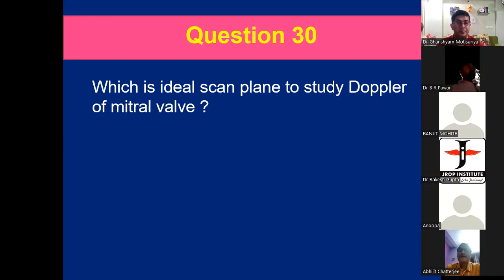Remember only 2 velocities: mitral and aortic. Mitral is 1.3, aortic is 1.7 maximum. Half of mitral is tricuspid, half of aortic is pulmonic. So mitral flow velocity is 1.3 meter per second maximum. Right? Yes, good. God bless you.